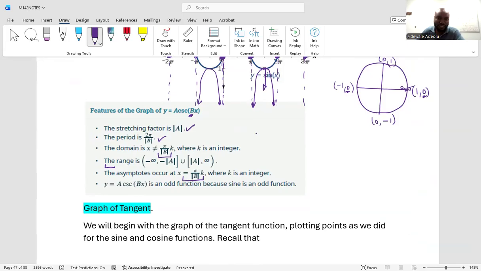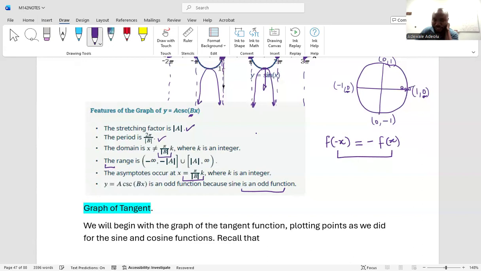Cosecant is an odd function because sine is an odd function. You can prove that for it to be an odd function, you want to show that f of -x should be equal to minus f of x. So you should pause this video and try to prove that.